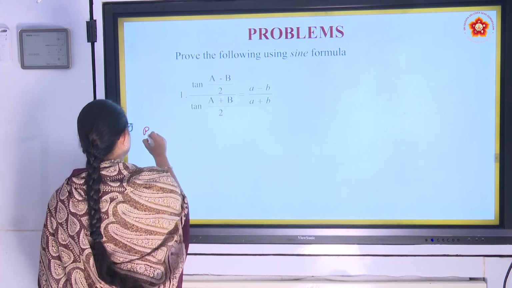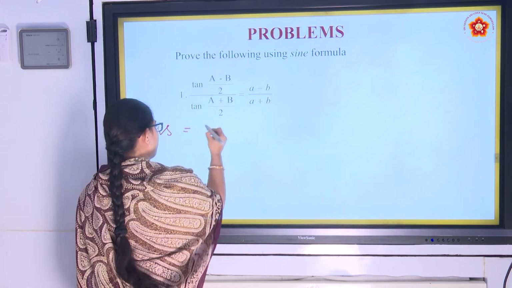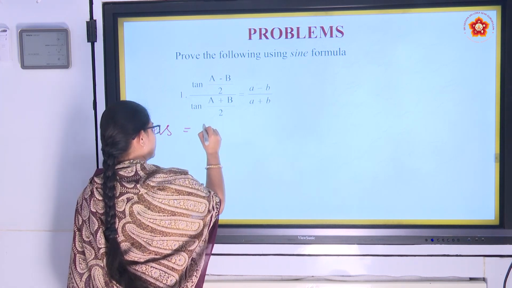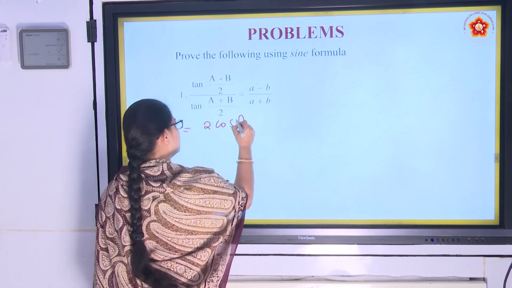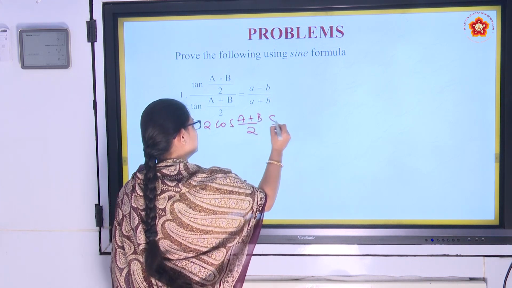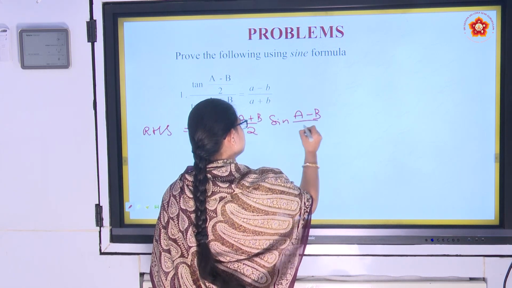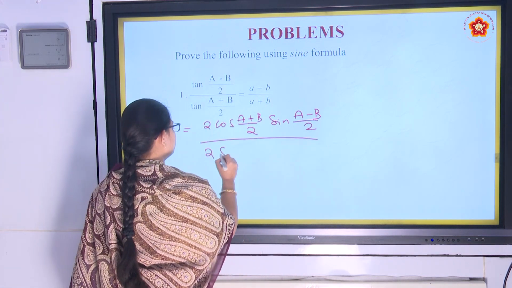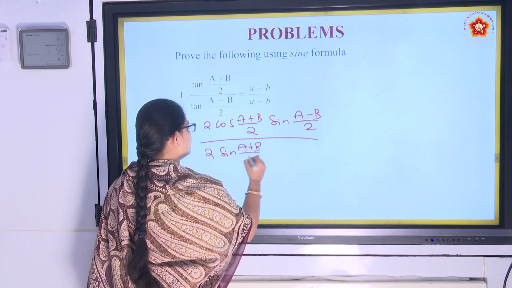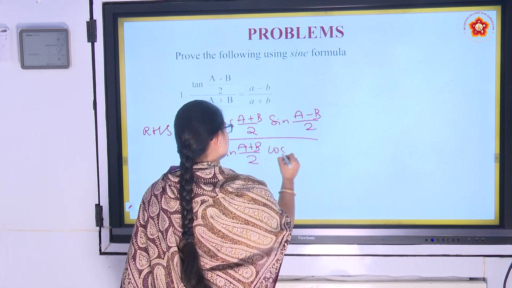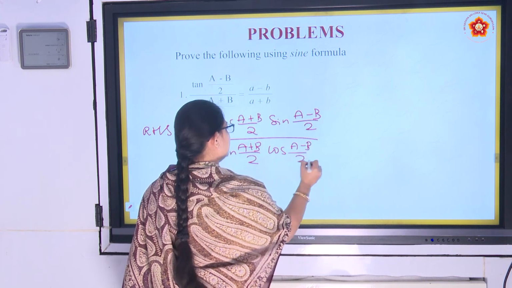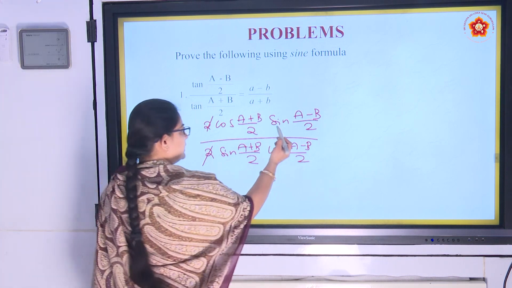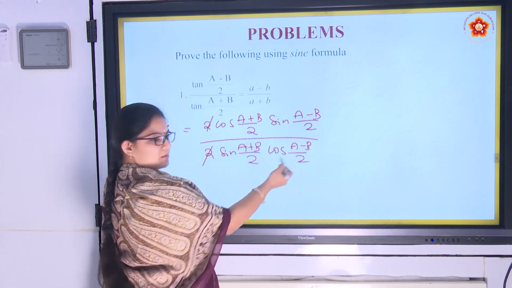So we have the right hand side now, that is sin A minus sin B by sin A plus sin B. So sin A minus sin B we can write as 2 cos (A plus B)/2 sin (A minus B)/2 divided by sin A plus sin B, that is 2 sin (A plus B)/2 cos (A minus B)/2. 2 we can cancel.